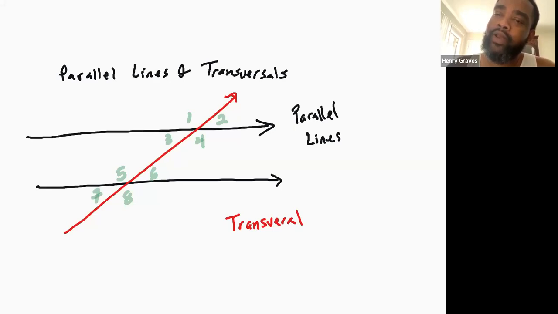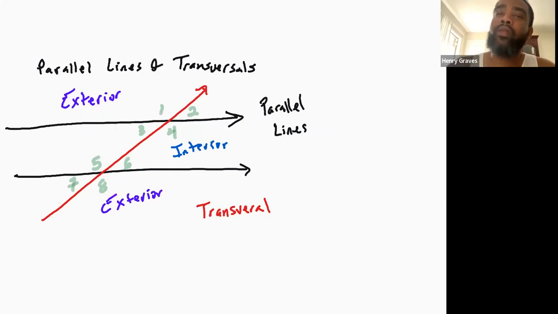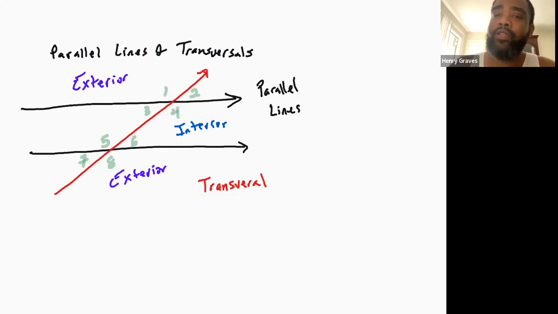So these ones are the exterior angles. And then of course we have the interior. If I write these out by which ones are interior and which ones are exterior, I'm going to have my exterior angles in purple.